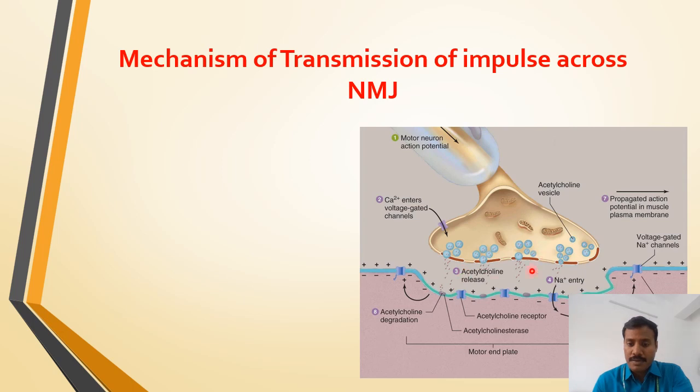The next one is, once the acetylcholine is released into the synaptic cleft, the acetylcholine binds with the nicotinic acetylcholine receptors in the postsynaptic membrane, and the channel opens that allows the entry of sodium into the postsynaptic membrane, and that causes the end plate potential.